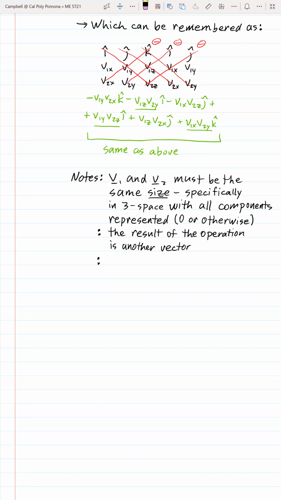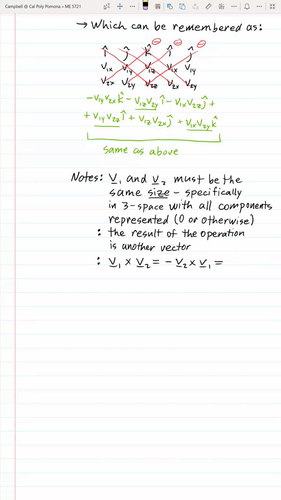And an important property, and one that you can see if you actually reverse V2 in the table that I'm showing at the top of the screen right now, and V1 and the associated components, is that V1 crossed into V2 is equal to the negative of V2 crossed into V1.